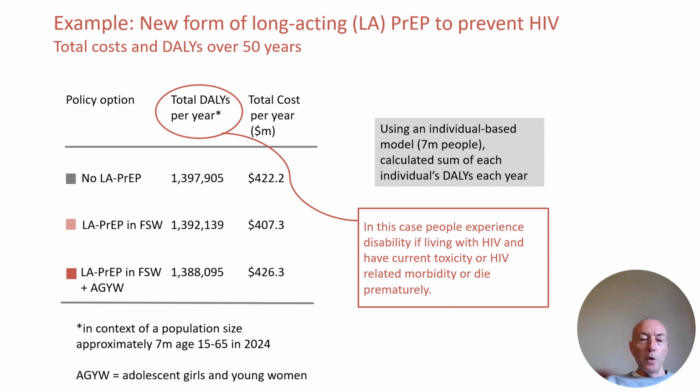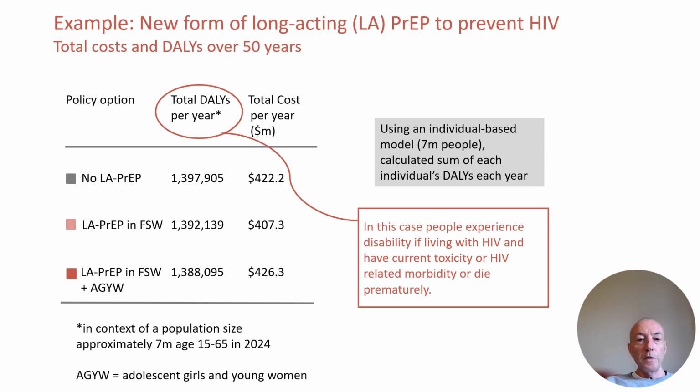Now we've used our model. Let's say we've got 100,000 simulated individuals and we've scaled up our outputs to represent the population size of the country or the setting we're interested in. In this case, we're imagining 7 million adults aged 15 to 65 in 2024. And we've run our model with each of 3 possible policy options.